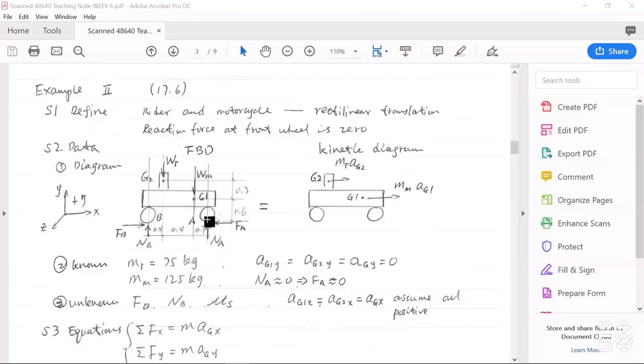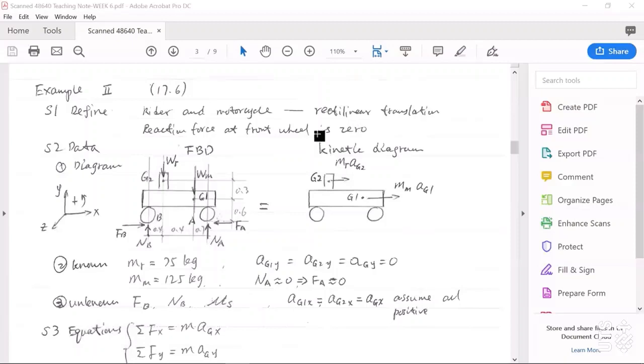If this front wheel were not off the ground, then we would have reaction force Na and friction force Fa. For Fa, its direction should be to the left side. Because this wheel is off the road, actually Na and Fa, both of these two, should be 0.